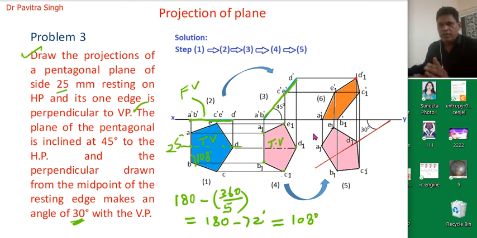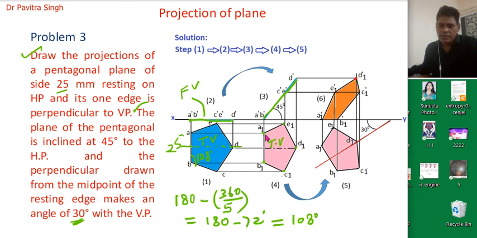So we will leave some space and reconstruct this plane here, but the condition is that, as per the given problem, the perpendicular drawn from the midpoint of the resting edge.